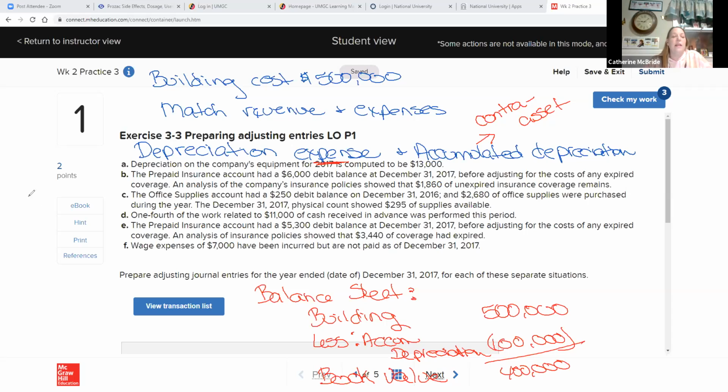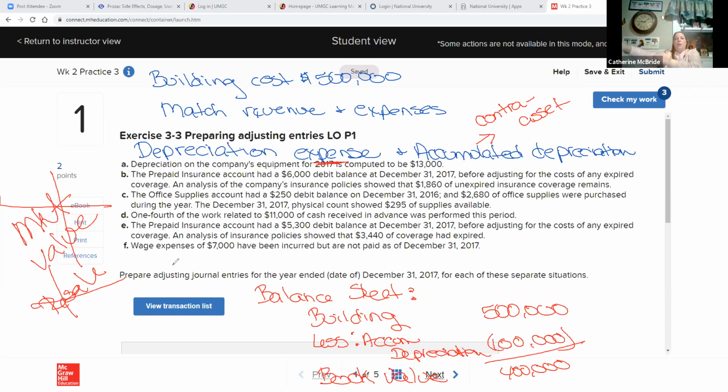This has nothing to do with the market value or resale value. It has absolutely nothing to do with any of that. I think we get thinking that way because we're used to thinking about cars for depreciation, and then we think about the blue book value, and we're used to things showing market value.